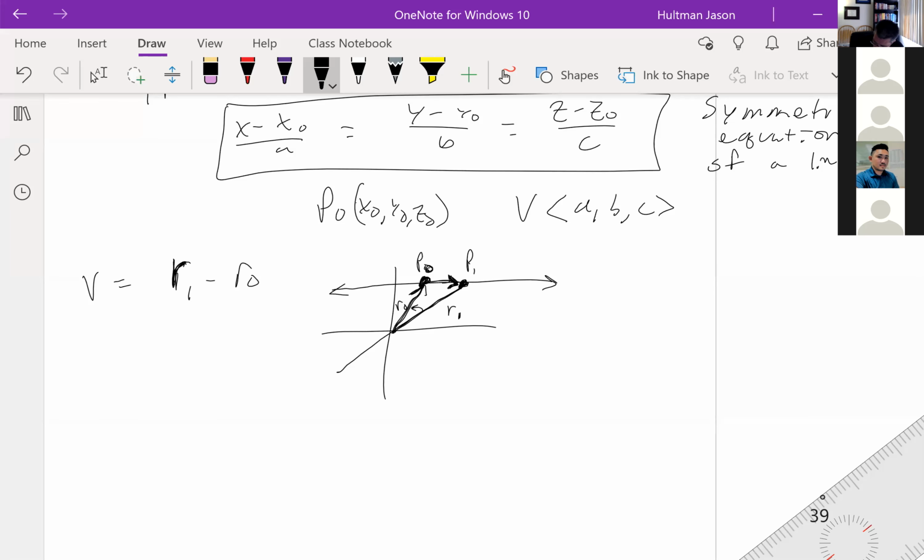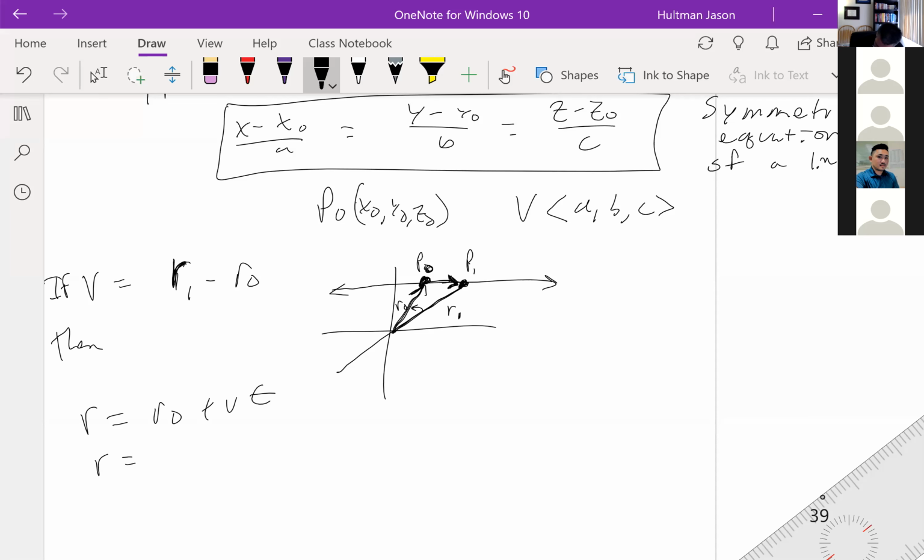Okay, so if this is true, then what happens to the equation of the line? Well, then r is equal to r naught plus v t, right?